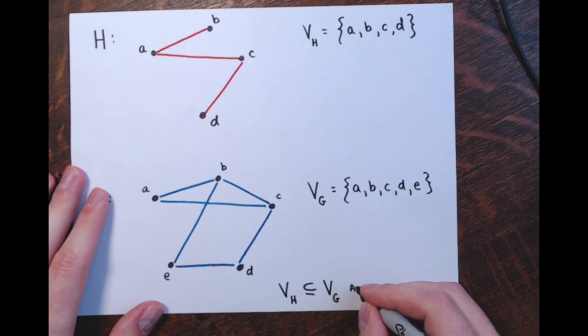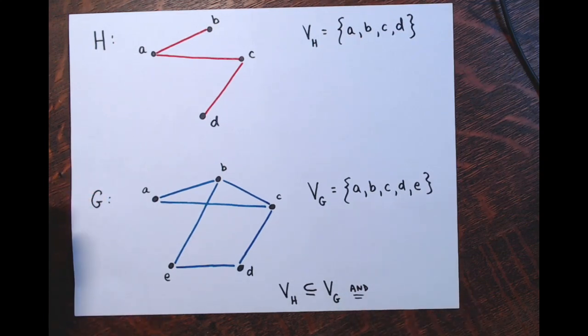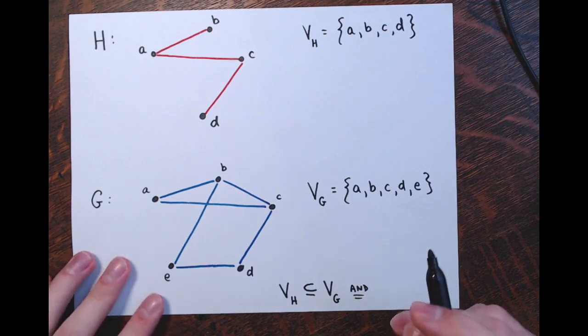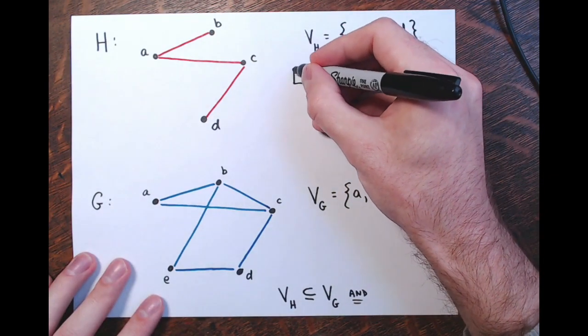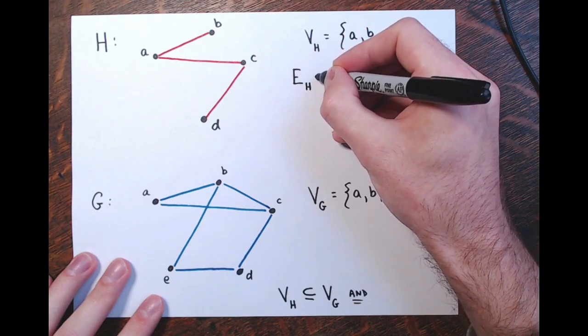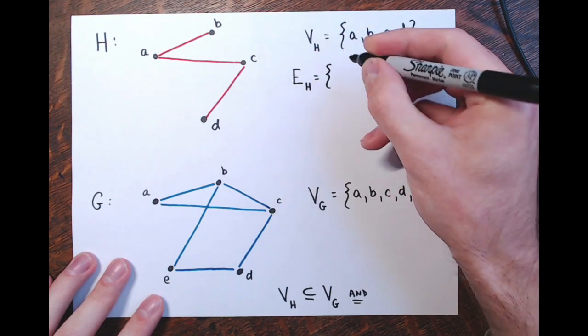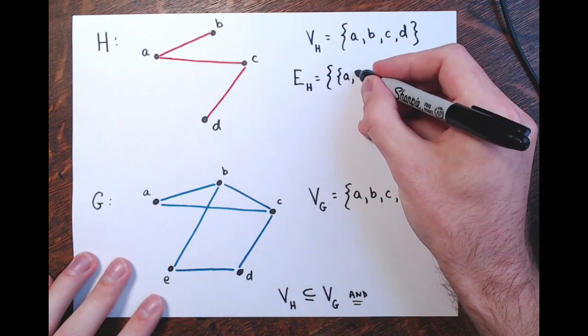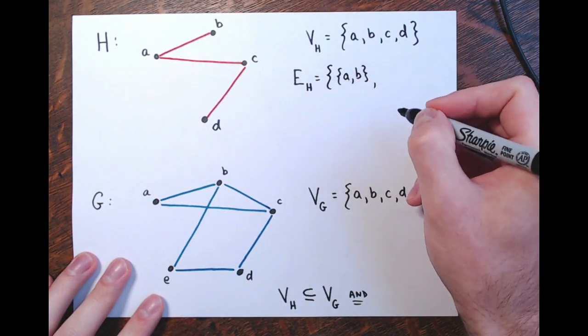All right, but on top of that, in order to be considered a subgraph, not only does the vertex set have to be a subset, but the edge set also has to be a subset. All right, so the edge set of H is the set with edges. Well, there's an edge between A and B. Right, so I got this set with A and B in it here.